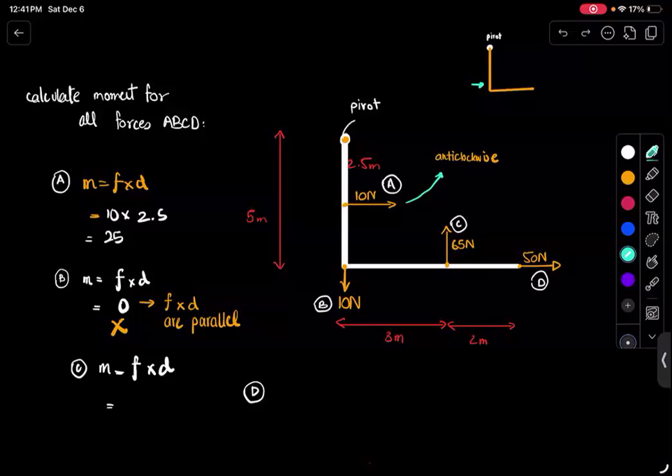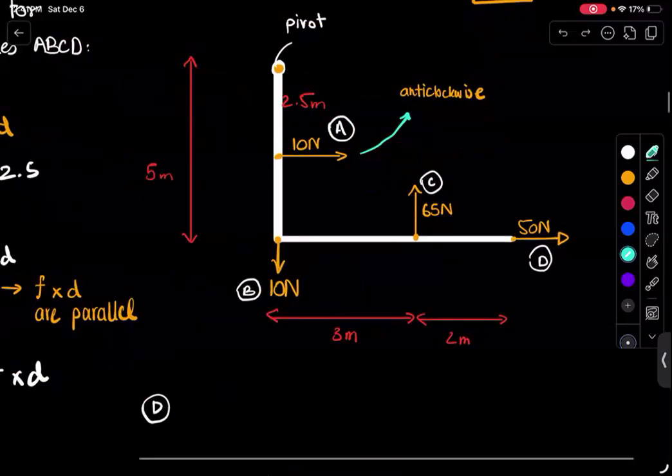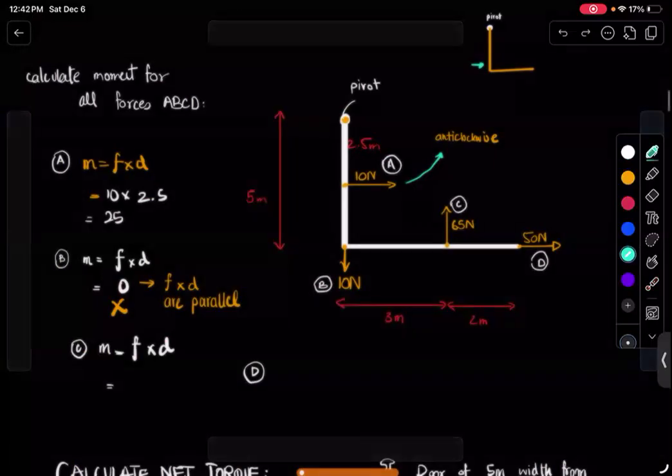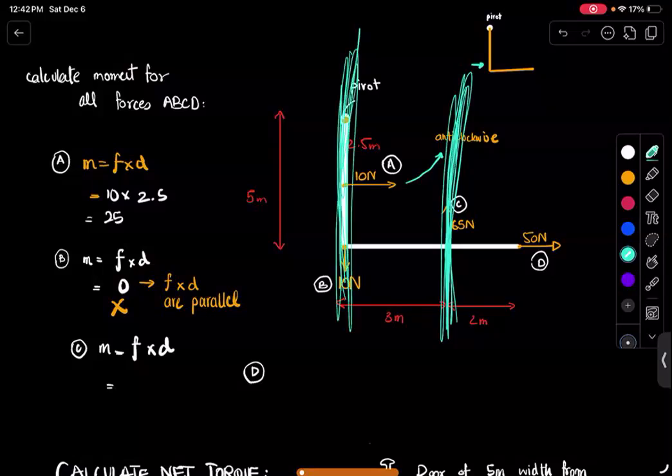Always. So like 3 into 65. That's right. Absolutely. Always think about the perpendicular distance from the pivot. Now, if you're ever confused about what distance to take, imagine this is the line of the force, and this is the pivot. What is the perpendicular distance between the forces? It's this, right?